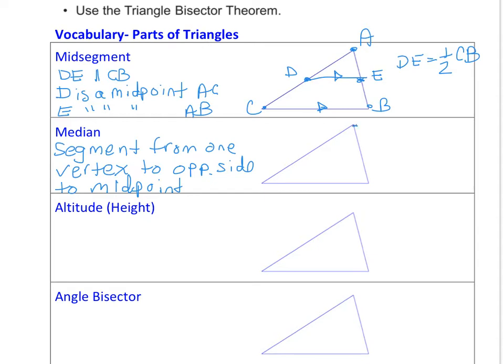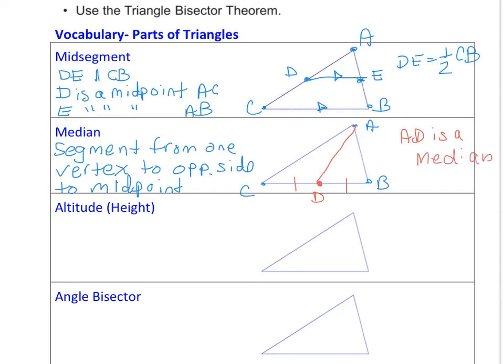So if this is A, again B, C, then let's draw a vertex. If I try to find, for instance, the midpoint here of CB, then that right there, I'm going to call this D. AD is a median.